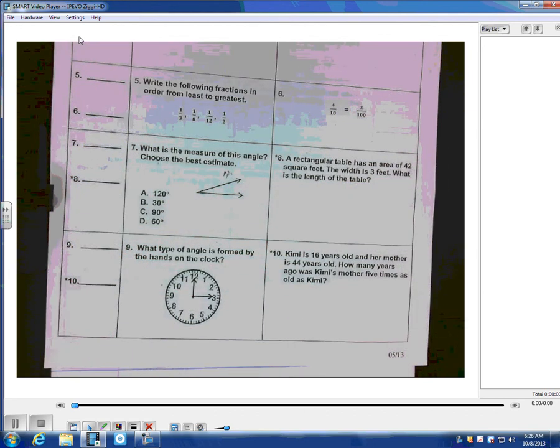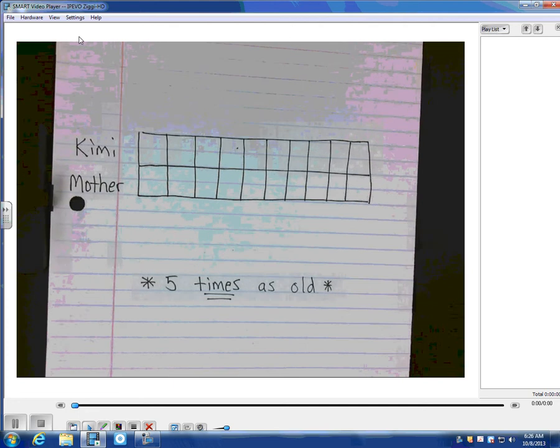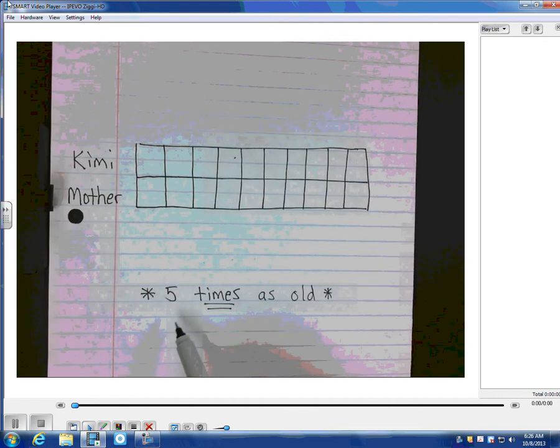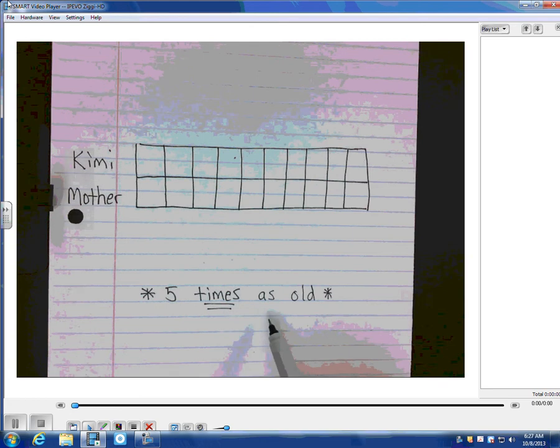Kimmy is 16 years old and her mother is 44 years old. How many years ago was Kimmy's mother 5 times as old as Kimmy? What I'm going to do here is just set up a table. The key that I'm looking for is two numbers where one is 5 times as much as the other.